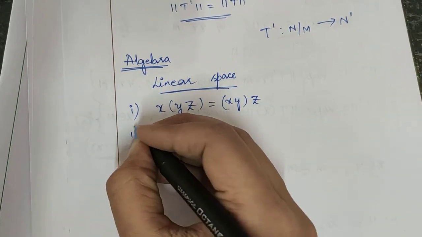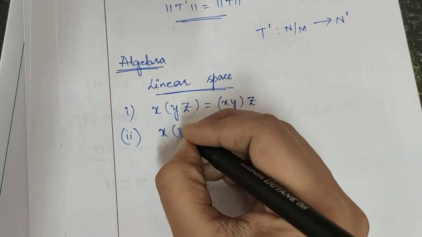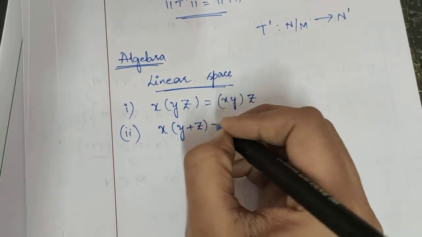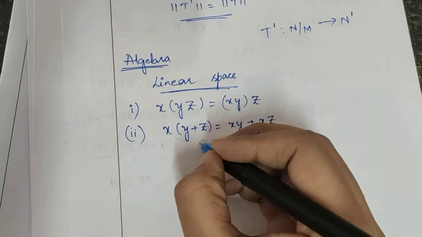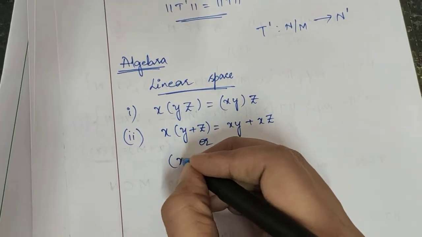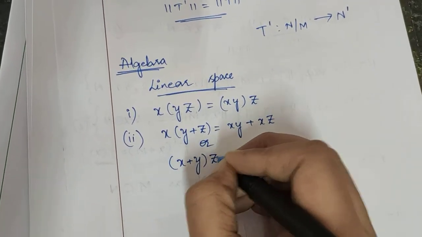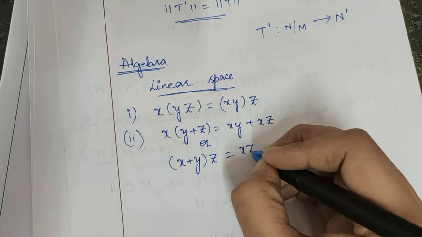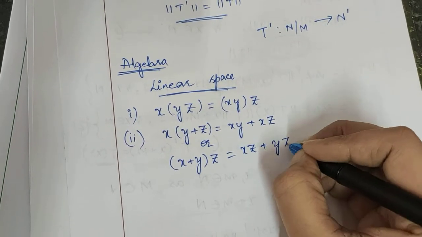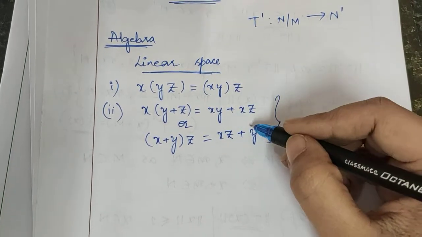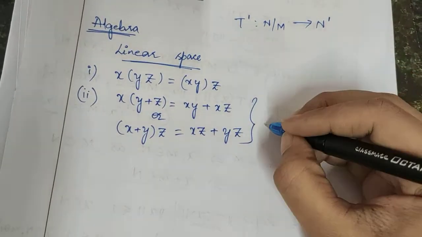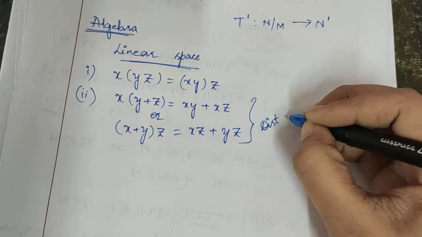And the second condition is x into y plus z is equal to xy plus xz, or you can write that x plus y into z, which is equal to xz plus yz. If you check these two properties, you can say that these two are distributive properties, isn't it?